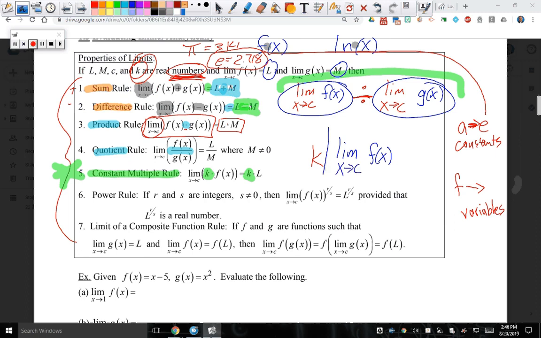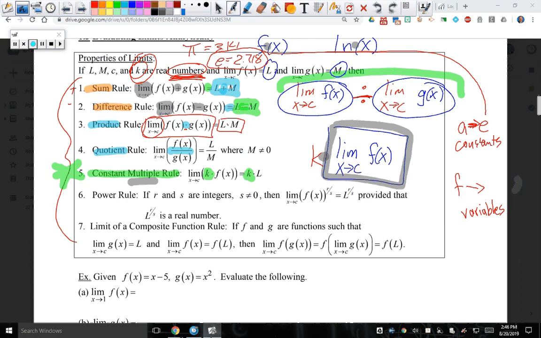And once I get this answer, guess what I'm going to do with this K? I'm going to multiply it back in. That's why it's called the constant multiple rule. So I'm going to bring back my phone, aka the K, and multiply it back in with whatever I get as an answer from this. Are we good? You'll see some of this as we progress through.